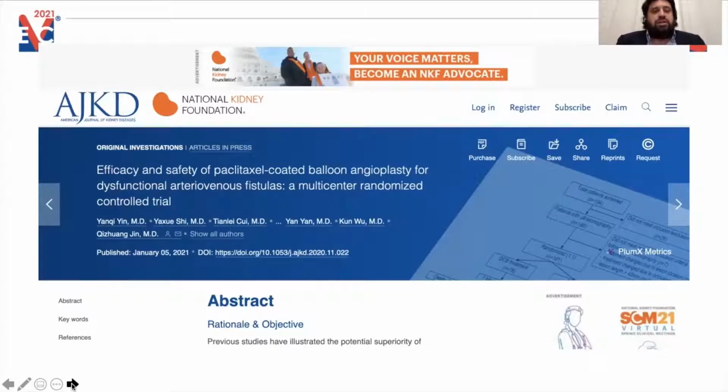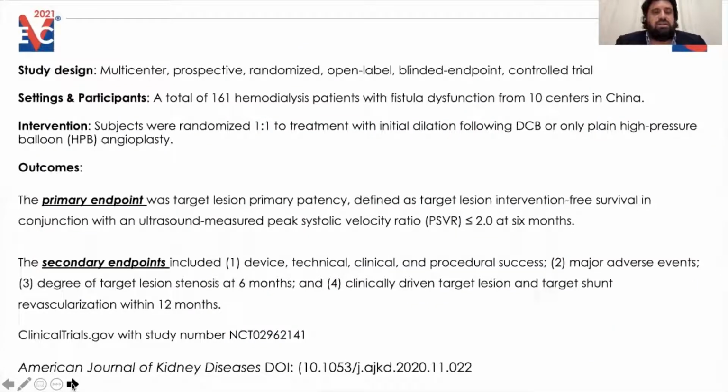The title is Efficacy and Safety of Paclitaxel-Coated Balloon Angioplasty for Dysfunctional Arteriovenous Fistula: A Multicenter Randomized Controlled Trial. The primary endpoint of this randomized controlled trial is the primary patency of the target lesion, and the secondary endpoints include device, technical, clinical, and procedural success.